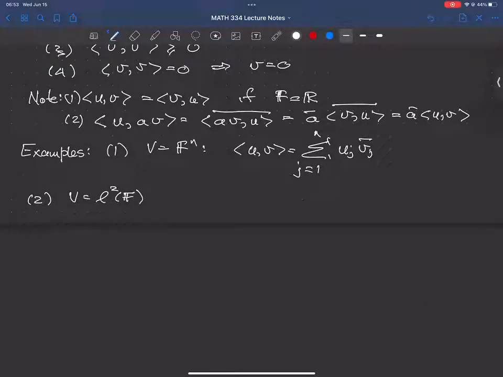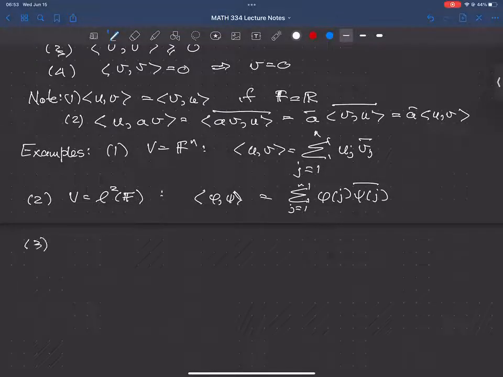Okay, so on the space of L2 sequences, define an inner product like this. So we've looked at these before, so I'm not going to spend a lot of time talking about them.